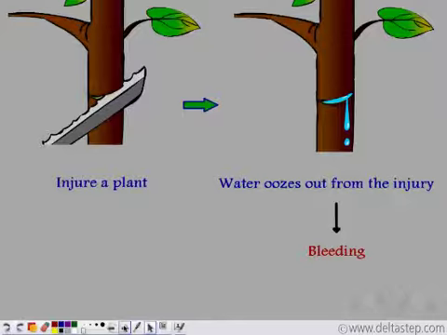This is nothing but the root pressure. Because of the root pressure, the sap oozes out. And this process is known as bleeding. So when you injure a plant and you see water coming out, the process is known as bleeding.